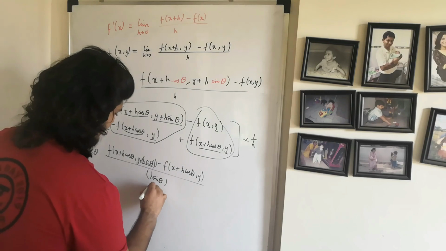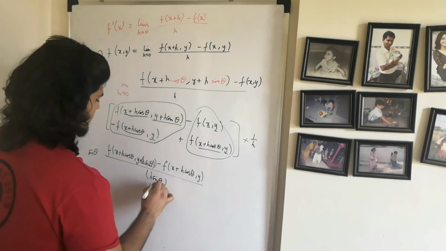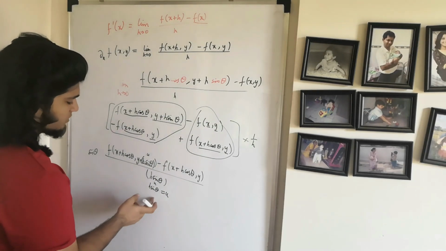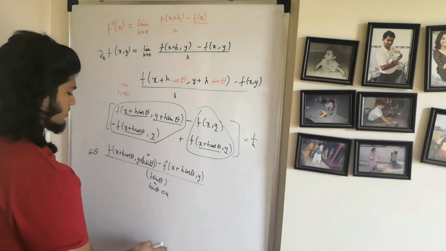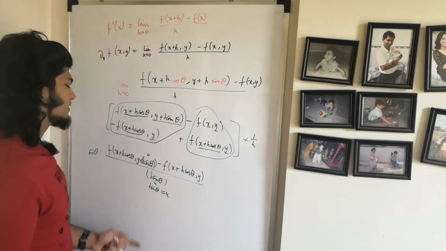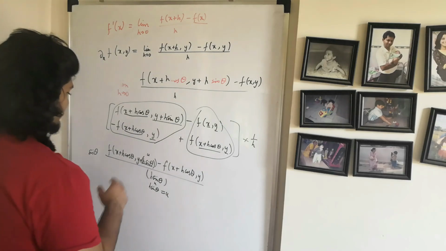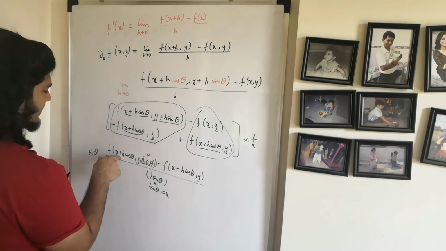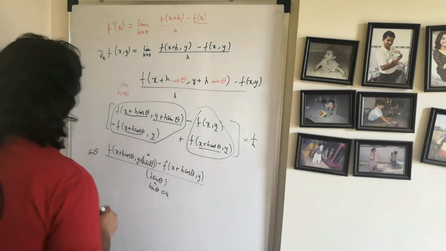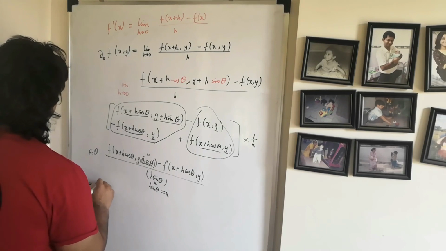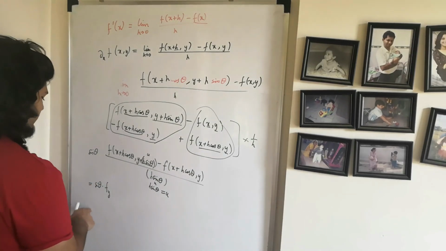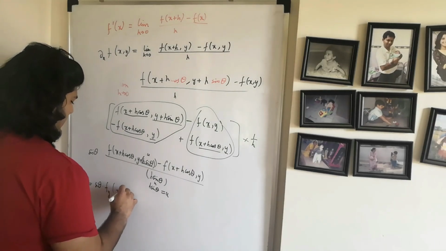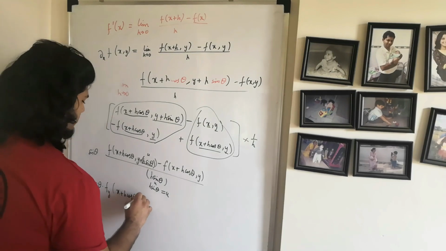If I say h sin theta is equal to u, then since the limit of h goes to 0, the limit of u also goes to 0, because 0 times sin theta, no matter what theta is, is still 0. So this is nothing but the partial derivative of f with respect to y evaluated at x equal to h cos theta. So this is sin theta times f sub y. Now f sub y is basically the partial derivative of f with respect to y evaluated at x plus h cos theta comma y.